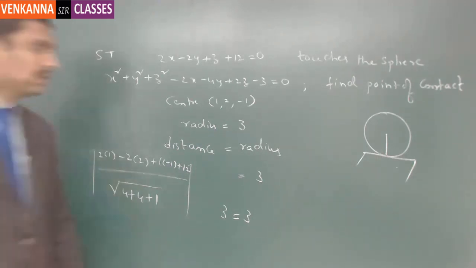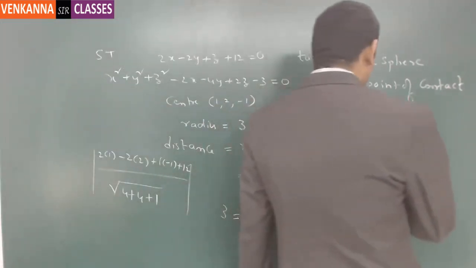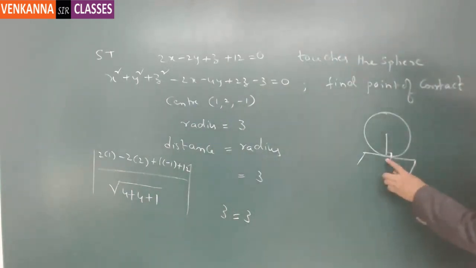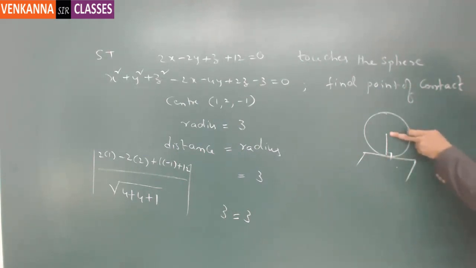So the foot of the perpendicular is nothing but the point of contact. So we need to construct a line equation from the center of the sphere to the plane.